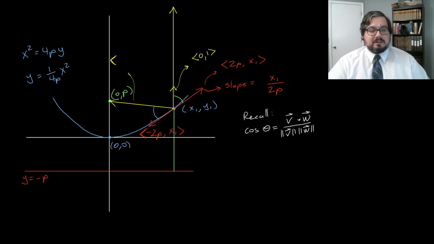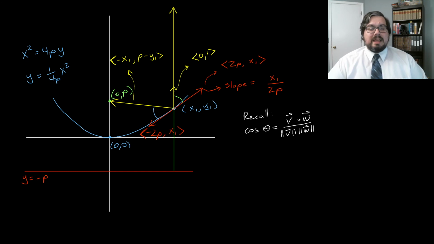So going from an x-coordinate of x1 to an x-coordinate of 0 is negative x1, and going from a y-coordinate of y1 to a y-coordinate of p gives p minus y1. So that's the vector from x1, y1 to the focus.